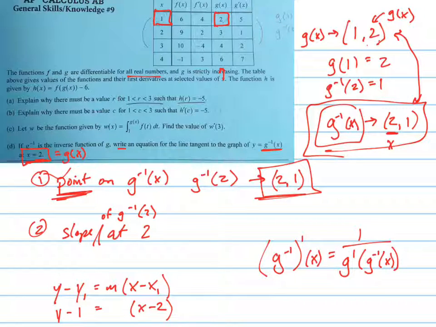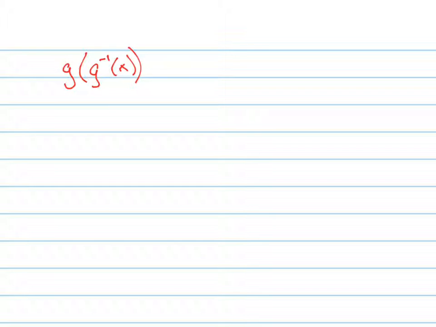And it comes actually from the chain rule. I'll show you that real quick. So we know that if I take a function and I compose it with its inverse, I'm always going to get x. Because they're inverses, that's one of the definitions. They undo each other, and I just get x right back out.